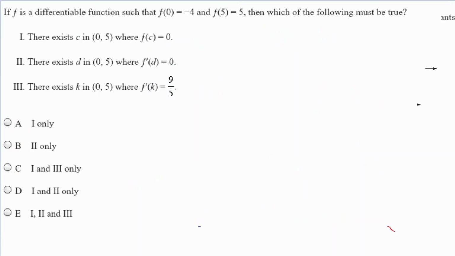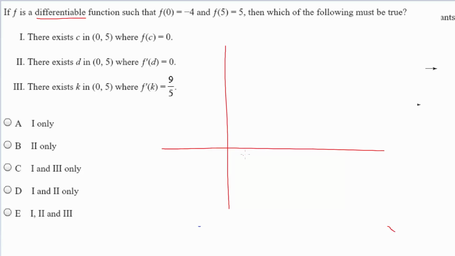The f is a differentiable function, so the first important word there is differentiable function, such that f of 0 equals -4 and f of 5 is 5. Then which of the following must be true? So, you know, probably not a terrible idea to sketch that.